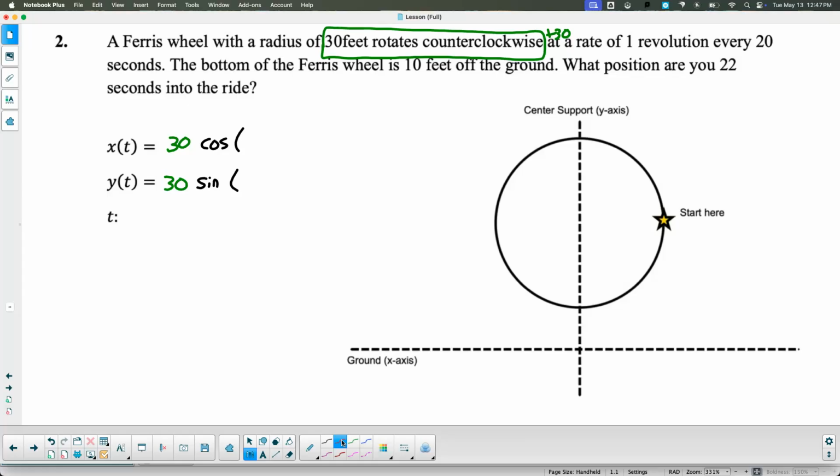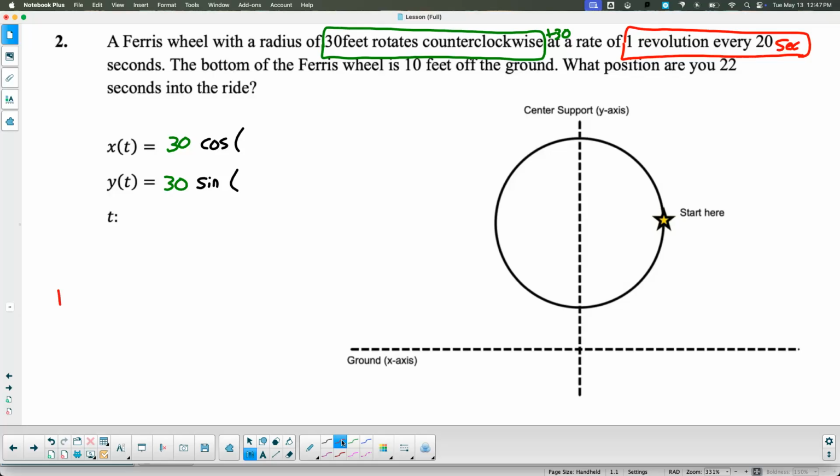One revolution every 20 seconds means that that's my period. Period is the amount of time it takes to get back to the same spot. So if you're going around once every 20 seconds, you're getting back to the same spot every 20 seconds.